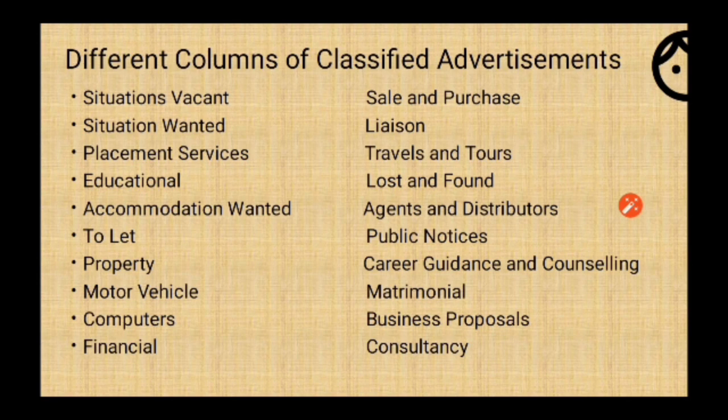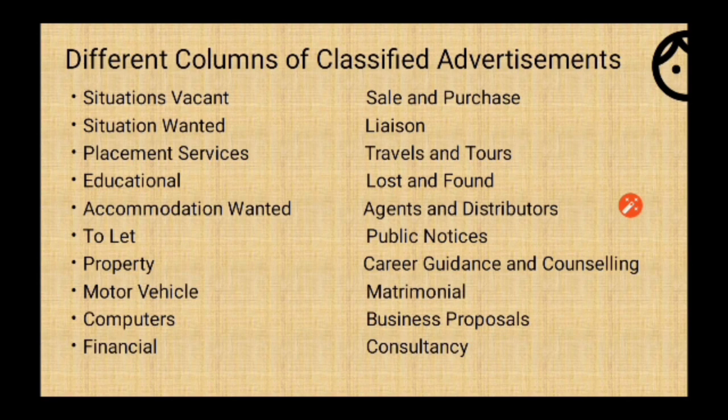educational, then accommodation wanted, then to let, which means it is on rent, to give a room or a building or an office building, etc., on rent. That is called to let. Then property, selling a property.